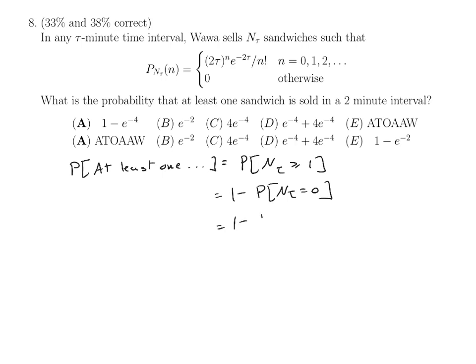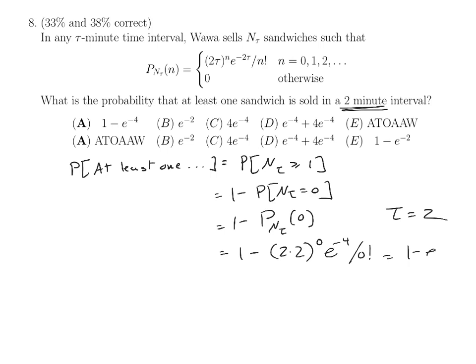And this is 1 minus p_N_tau of 0. And tau is equal to 2, right? So this is 1 minus 2 times 2 to the 0 e to the minus 4 over 0 factorial, which is 1 minus e to the minus 4.